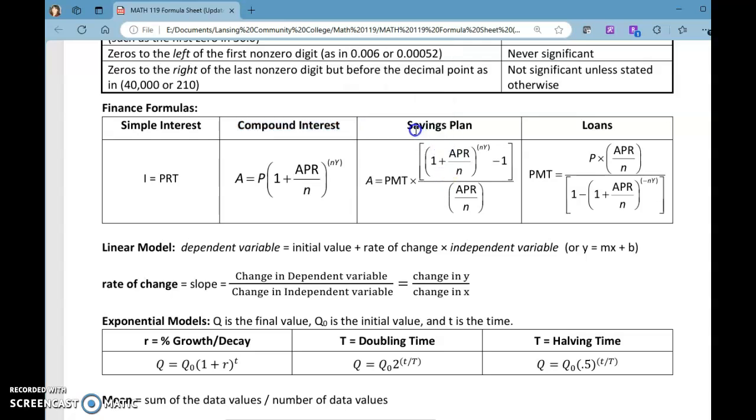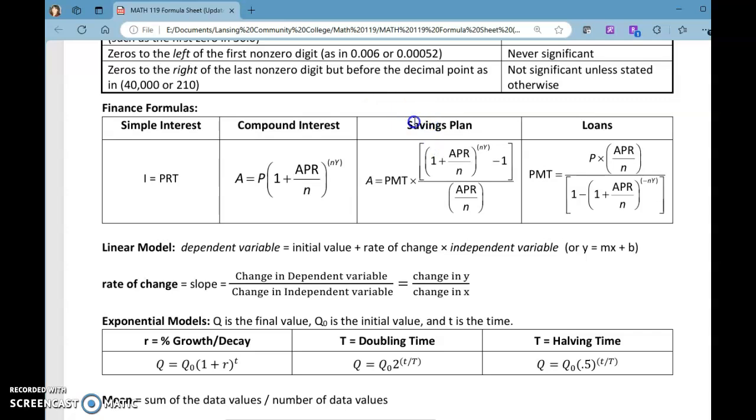Now, I want to point out the difference between the compound interest formula in 4B versus the savings plan formula in 4C. The compound interest formula is for a lump sum at the very beginning. So you are saving $5,000 right now, and you're going to save it for 10 years and see what it grows to. With the savings plan, you are making a savings per month. So maybe I save $50 a month, and after 5 years, I'm going to see what it grows to.